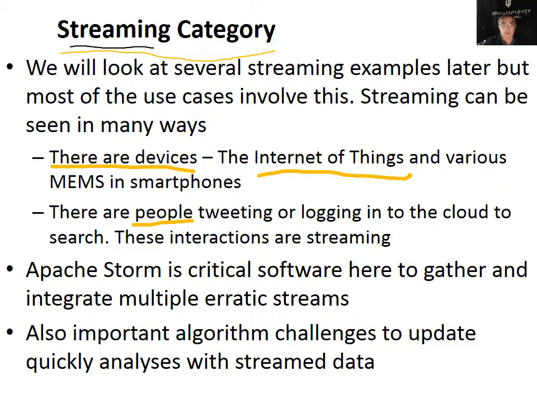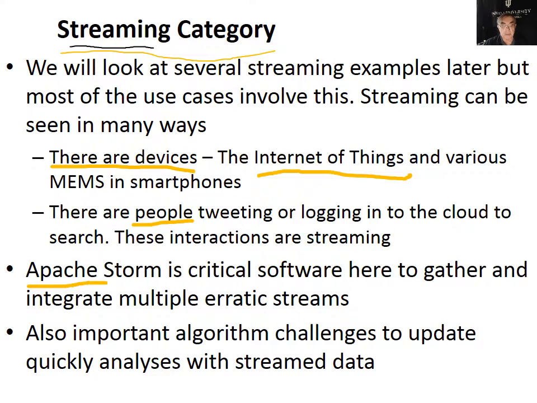People produce streaming because streaming is just a time series. Somebody typing away is producing a time series of information which looks architecturally pretty similar to a smartphone burbling away. In fact, the person might be talking or typing into the smartphone. So people and things and devices look pretty similar as far as streaming is concerned. And the popularity of Twitter and Facebook and Snapchat has led to a lot of streaming type data.